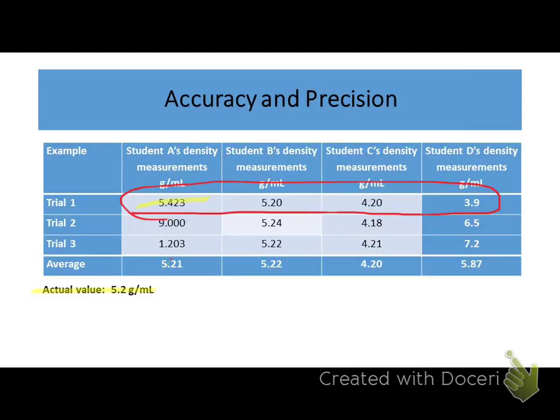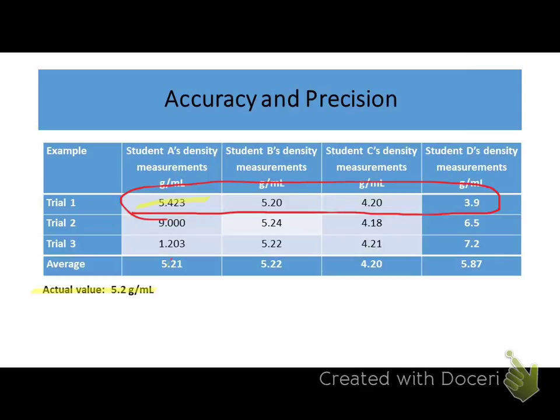Student A is using the most precise instrument because it has more significant figures, more decimal places. Students B and C look like they're using the next most precise instrument. They're probably using the same one because they have 3 significant digits each. And then student D is using the least precise of all of them.